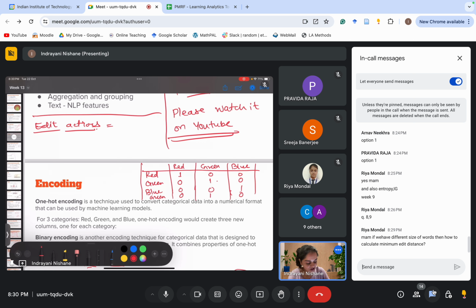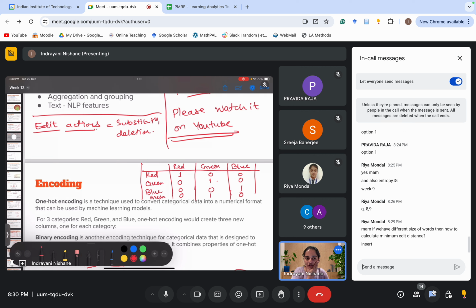So the edit actions are substitution, deletion, and one other thing which I'm forgetting. There were three edit actions: substitute, delete, and insert. Yeah, insert. So we will actually count how many of these activities we are performing.